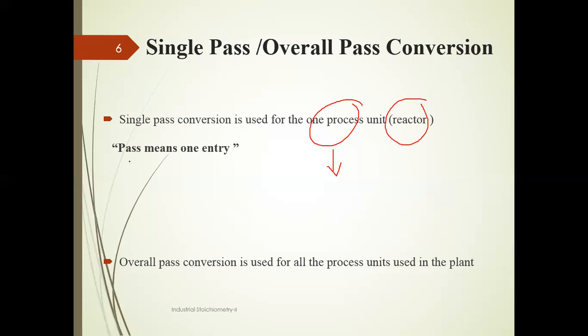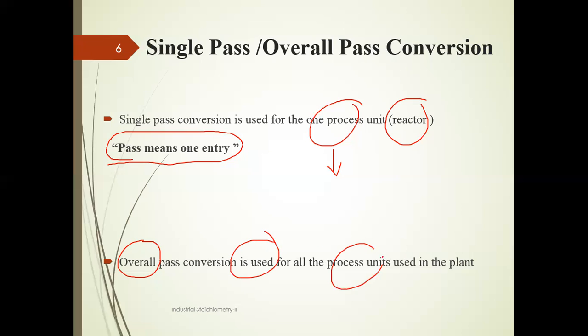Single pass conversion means pass means one entry: your reactant enters the reactor and forms the products. But for overall conversion, your reactant goes through however many reactors are in the plant. They may be two, three, or more than three. So overall pass conversion is used for all the process units, meaning all the reactors, because our chemical change happens in the reactor.